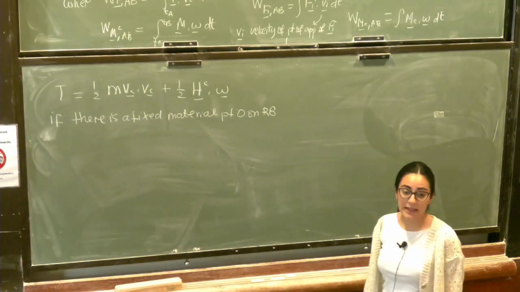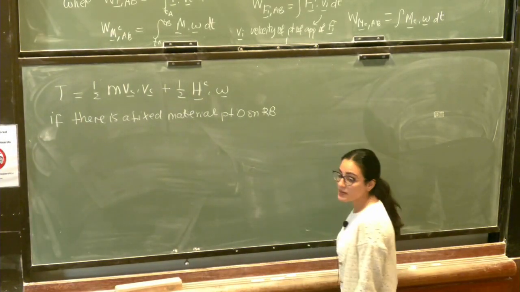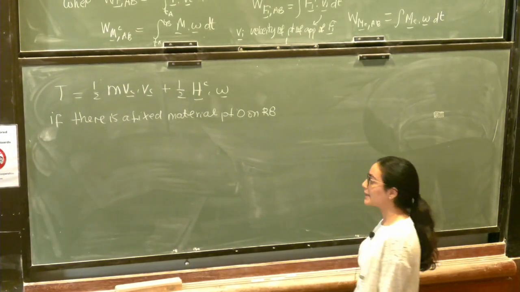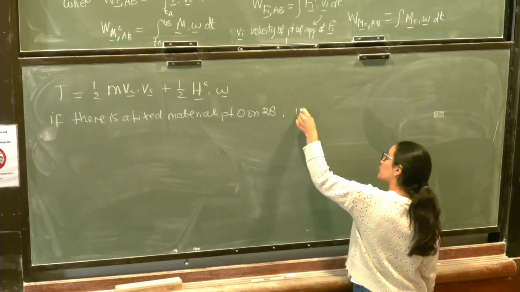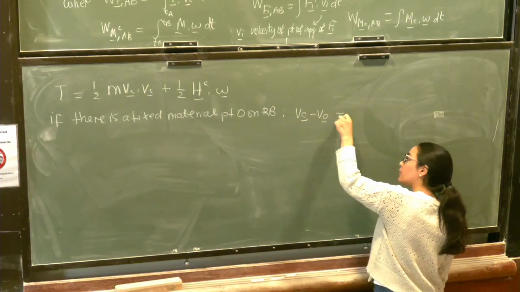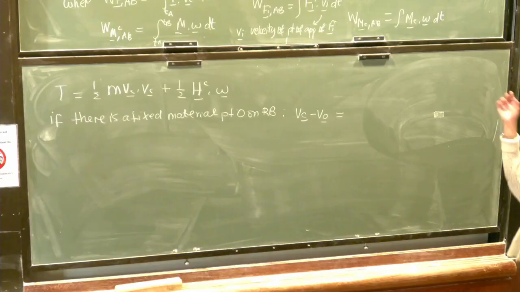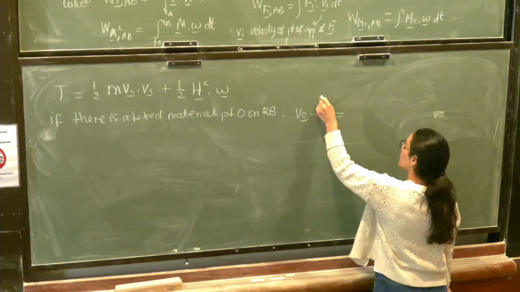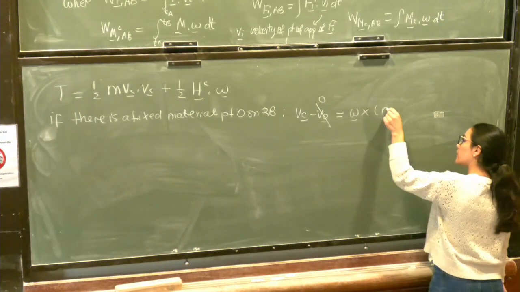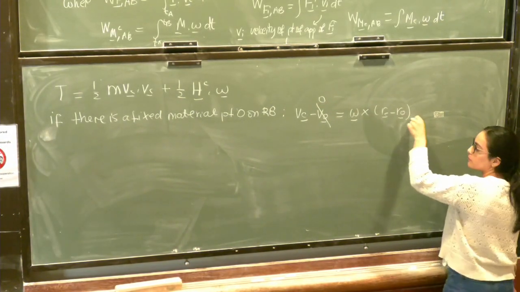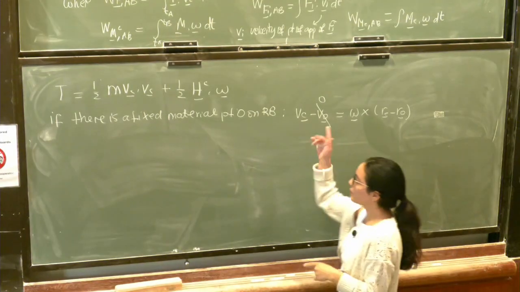If there is a fixed material point O on the rigid body, then I can write Vc minus Vo. What is Vo? If O is a fixed point, it's 0, right? So Vc minus Vo is omega cross Rc minus Ro. And then I will replace Vc by this.